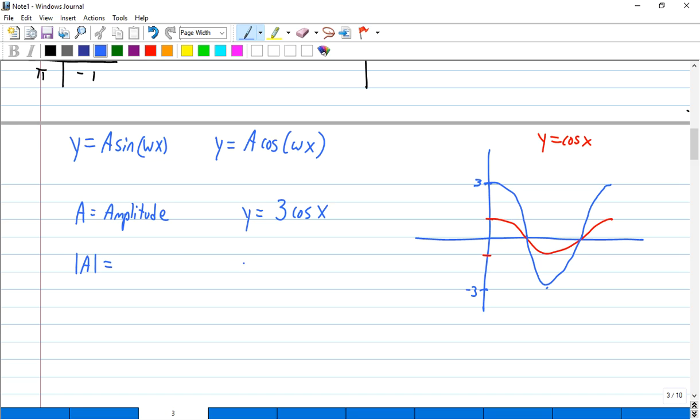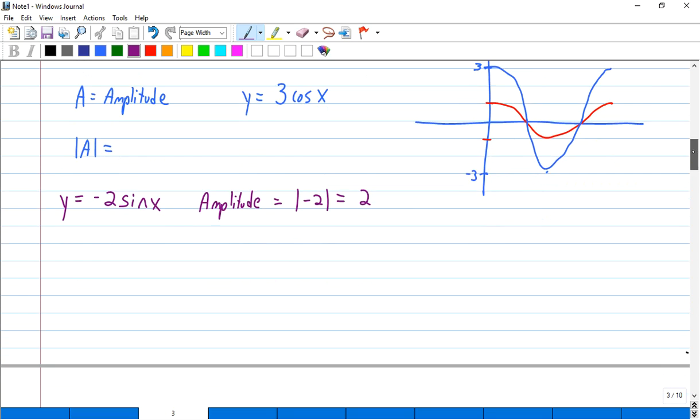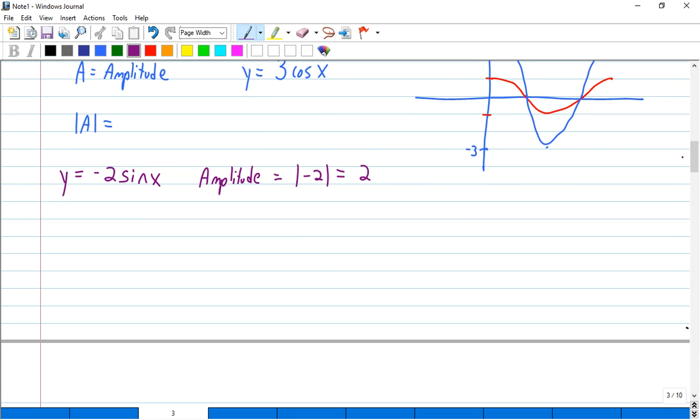Now, let's say we wanted to look at the graph of y equals -2 sine of x. Well, the amplitude here is equal to the absolute value of -2, which is 2. So that is going to change the high point and low point to 2.